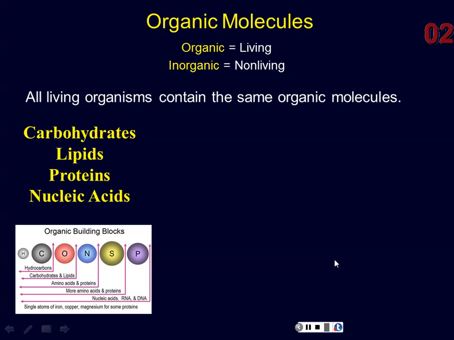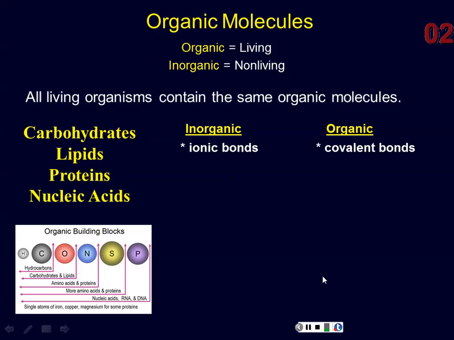First of all, before we get started, let's just get some general characteristics of what an organic molecule is and how it compares to an inorganic molecule. Inorganic molecules have primarily ionic bonding, and organic molecules have covalent bonding.